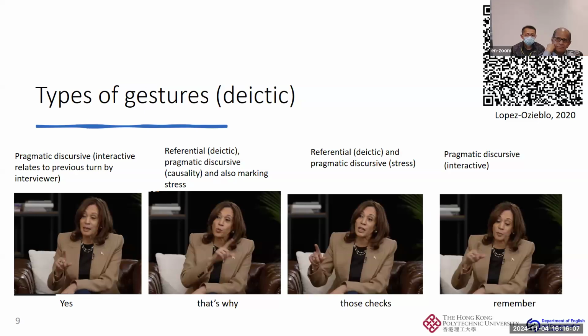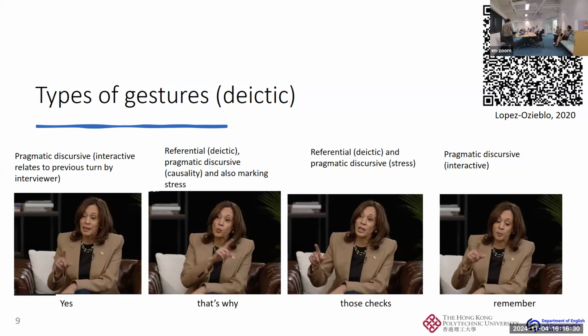She's referring to something said before, but it carries a discursive function, which is really important, and in many gesture studies, it would be completely lost. So we are looking at gestures also from a functional perspective. And if you want more information, you go to the QR code to an article that tells more.